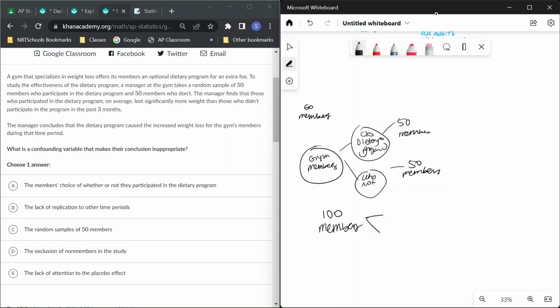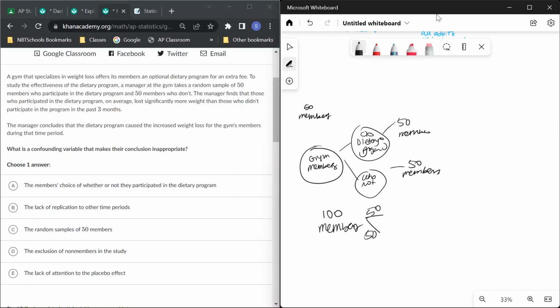So a gym specializes in weight loss, offers its members an optional dietary program for an extra fee. To study the effectiveness, a manager at the gym takes a random sample of 50 members who participate in the program. Okay, wait, so members, right? And so 50, but they weren't randomly assigned. They were randomly selected.